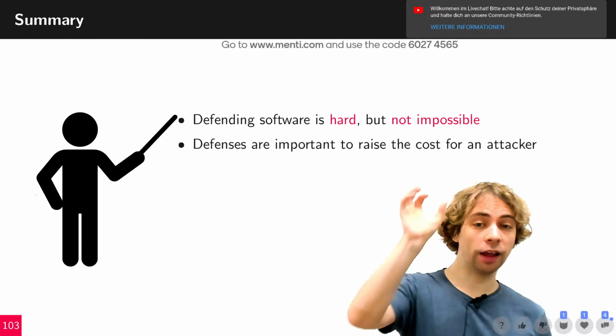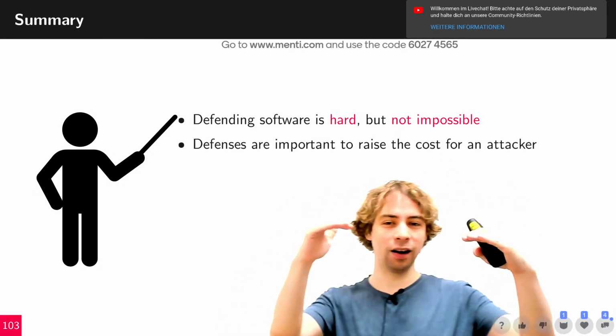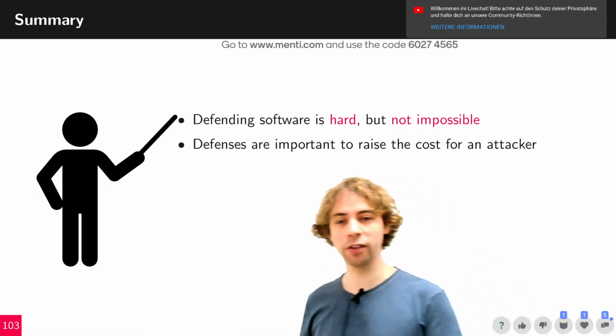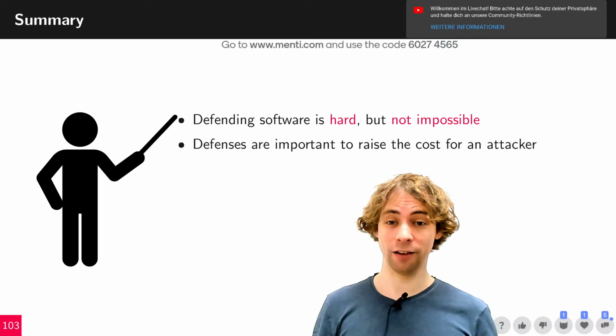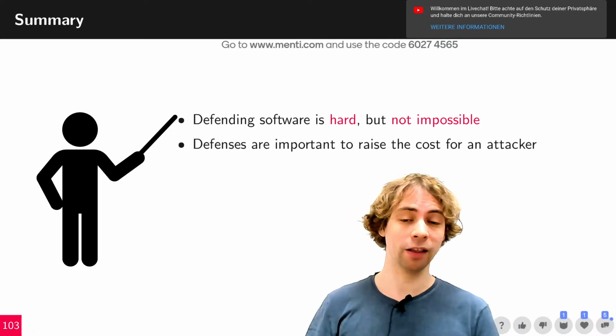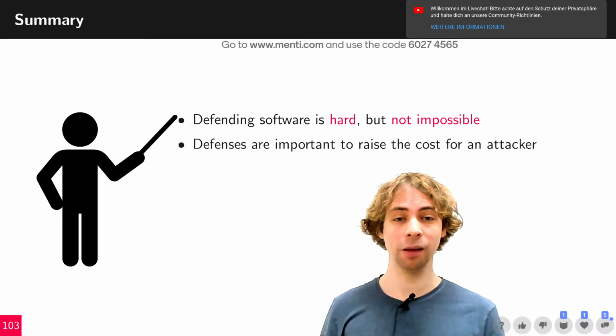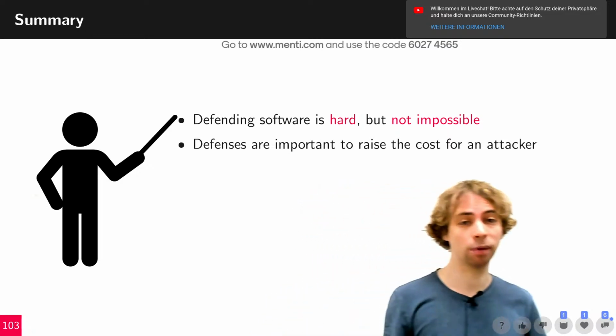Defenses are important to raise the costs for an attacker, and the problem is that the costs for the attacker always go lower, because the first time you mount an attack, it's super complicated and super expensive. And then the next time you mount this, you will write a script that automates parts, and it's already a lot cheaper. So attacks only get cheaper and attacks only get better.